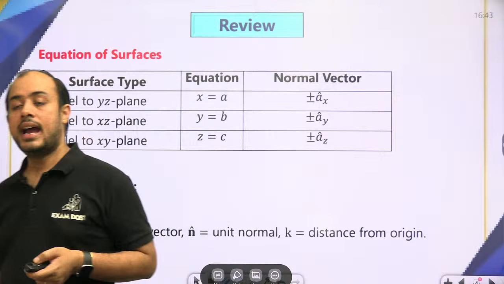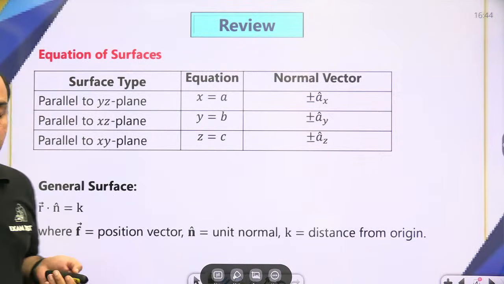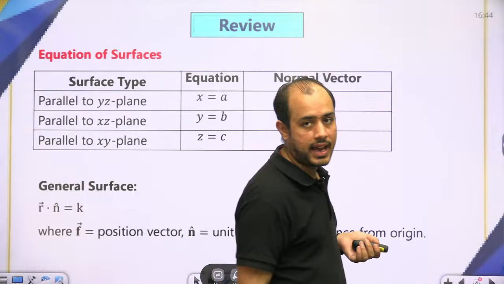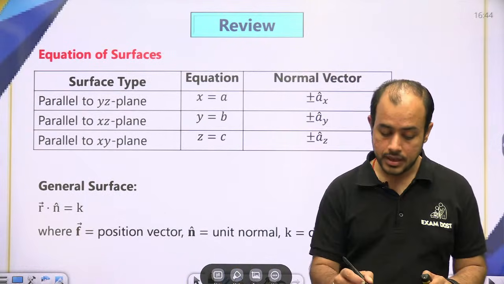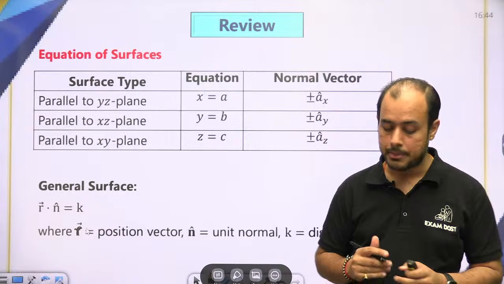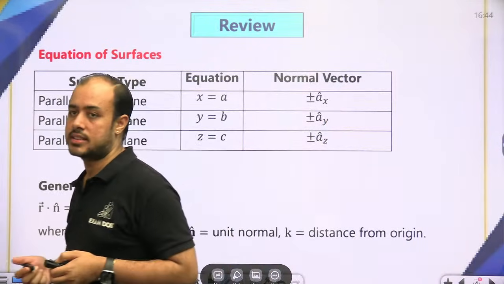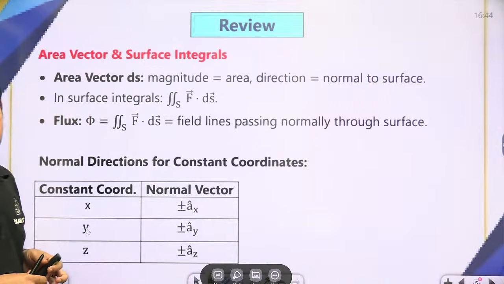In general, the equation of a surface is r dot n cap equal to k, where n cap is the unit vector, r vector is the position vector, and k is the perpendicular distance of the surface from the origin.